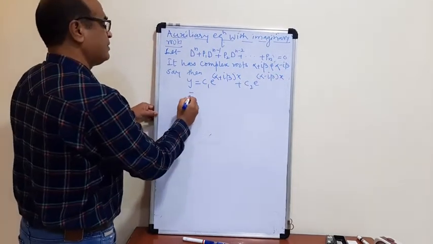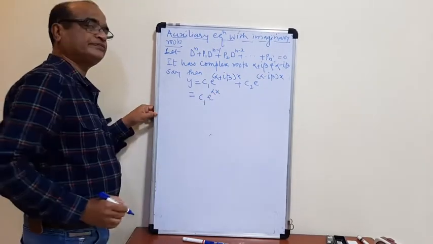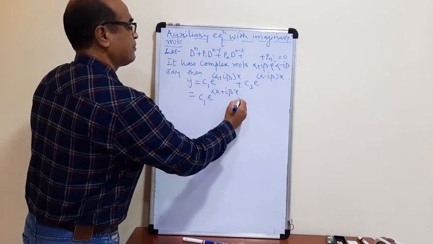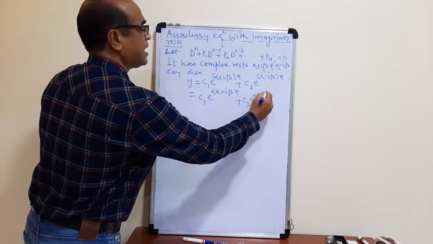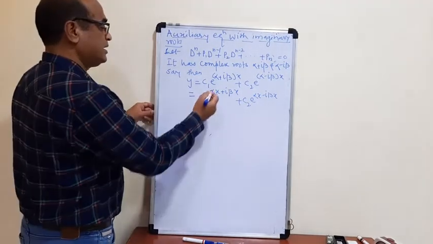So this can be written as c1 e raised to alpha x plus i beta x plus c2 e raised to alpha x minus i beta x. So we common out e raised to alpha x.